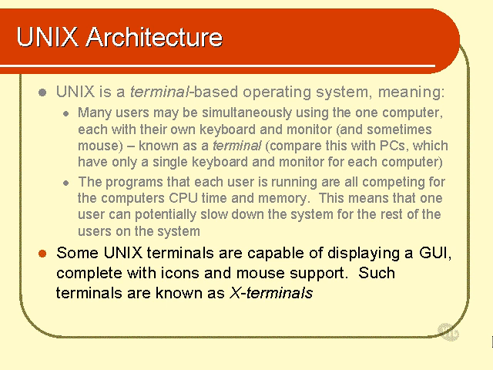Before I do, I should just mention that you'll find a lot of terminals are simply text-based. In other words, they're incapable of displaying graphics such as icons and so on. However, other terminals are quite capable of displaying what we call GUIs, graphical user interfaces, with icons and mice. And if such a terminal is working in a Unix system, they're often called X-terminals.